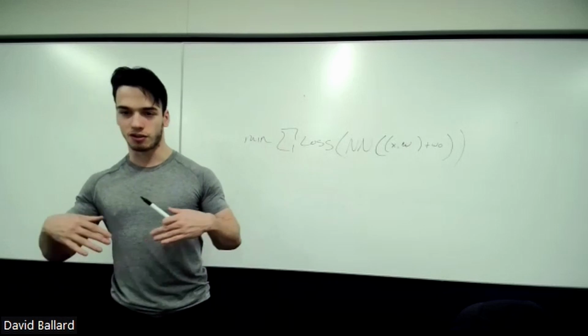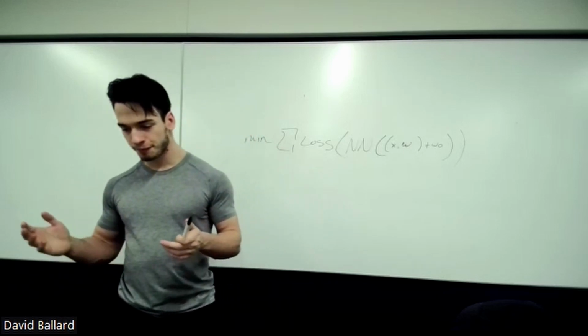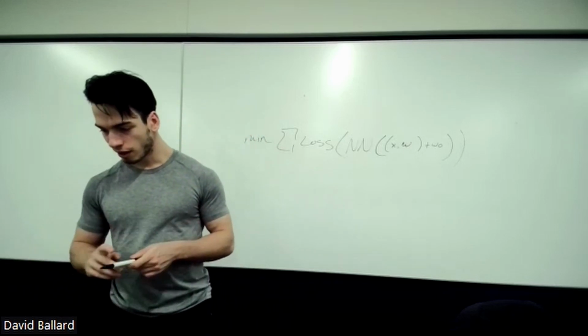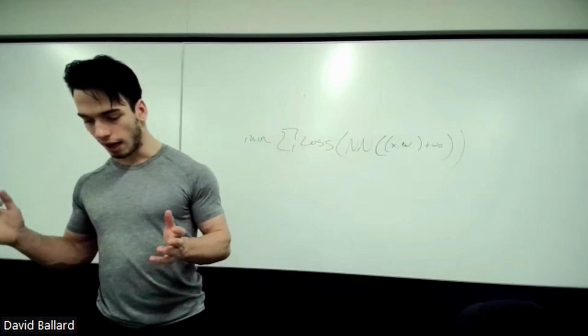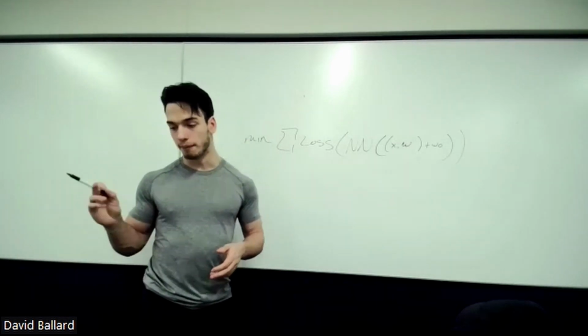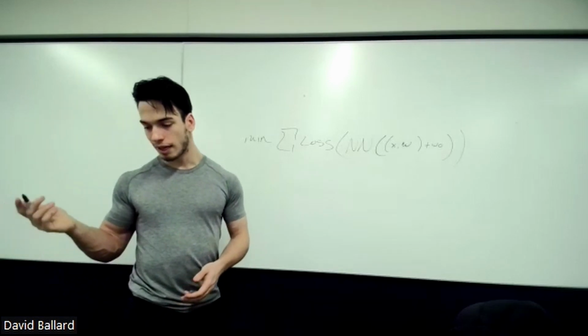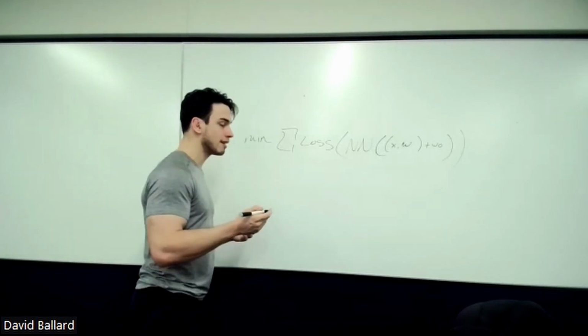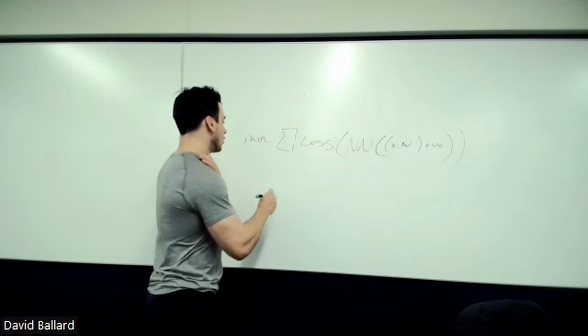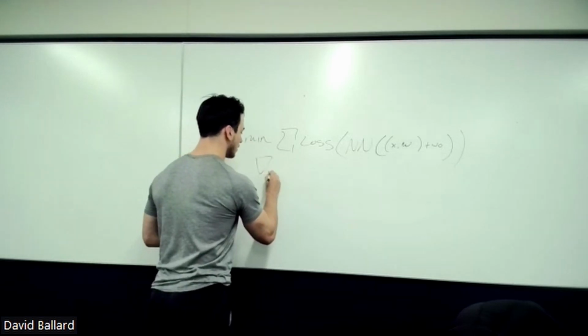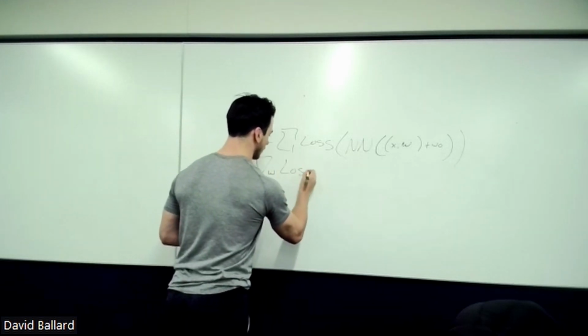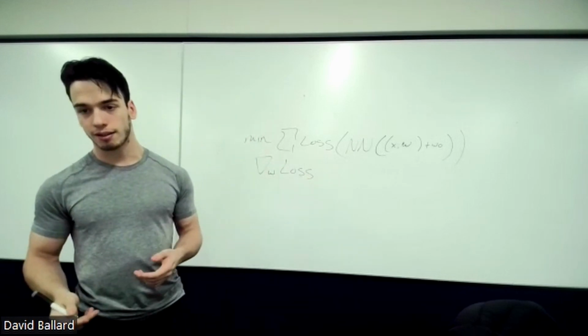So we want to pick the weights to minimize loss. How do we do that? Gradient descent. To do that, we need to calculate the gradient of the loss function in terms of the weights.